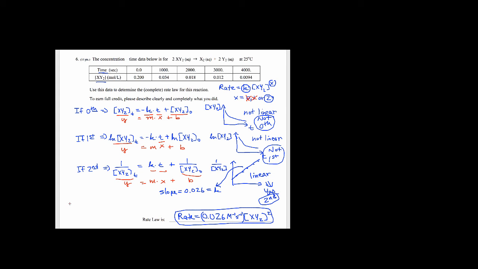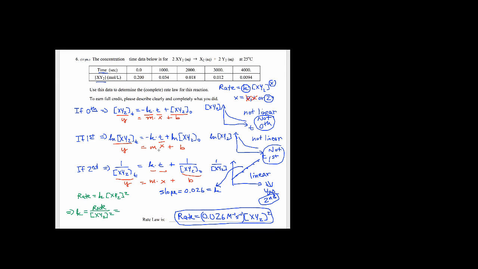And just as a quick reminder how you get the units, we know that it is 2nd order, so rate is equal to rate constant k times concentration of, in this case, XY2 squared. If we solve for k, then k is equal to the rate over the concentration of XY2 squared.